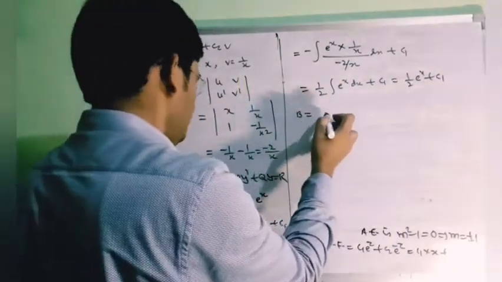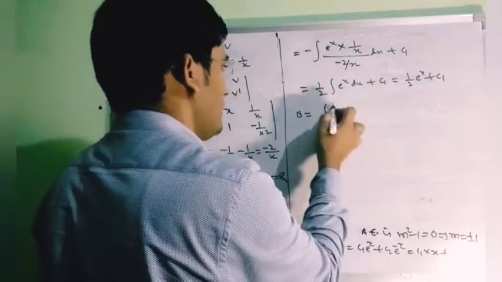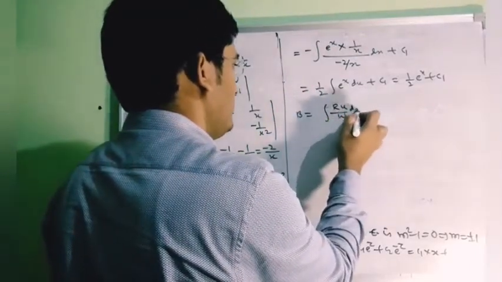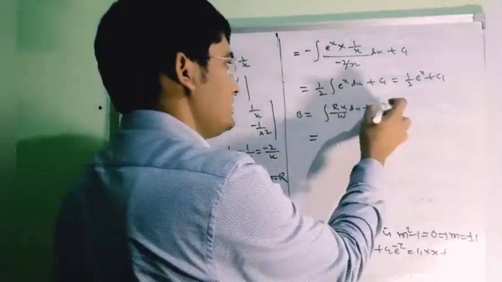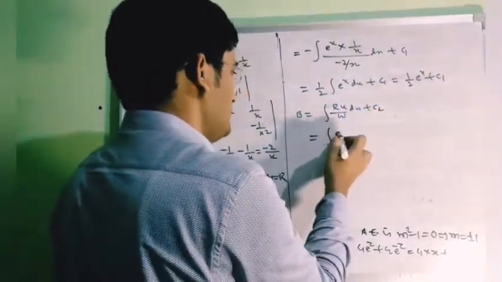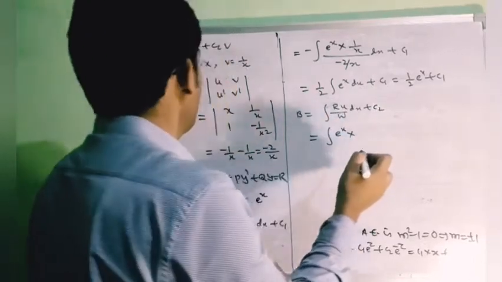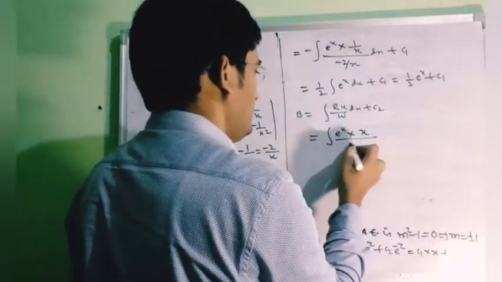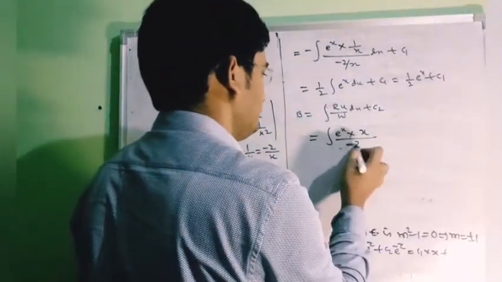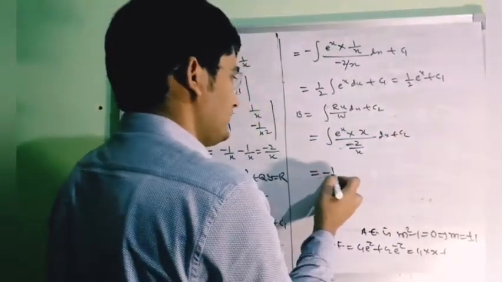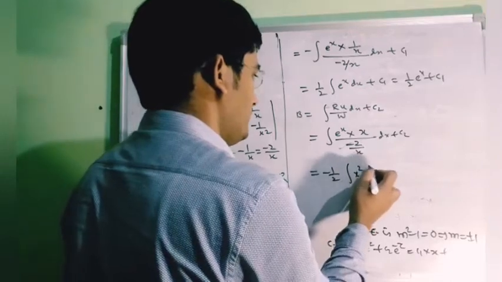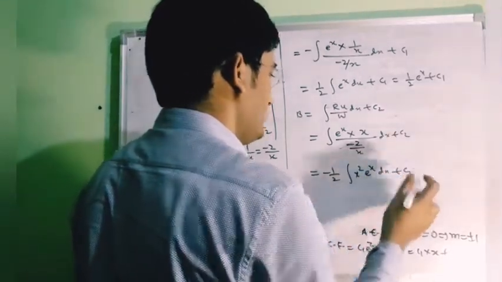Your b will be integration of r into u upon w, then constant of integration c2. So this is e to power x into u, u is x, w is minus 2 upon x. So this is equal to minus 1 by 2 x square e to power x, then constant of integration c2.